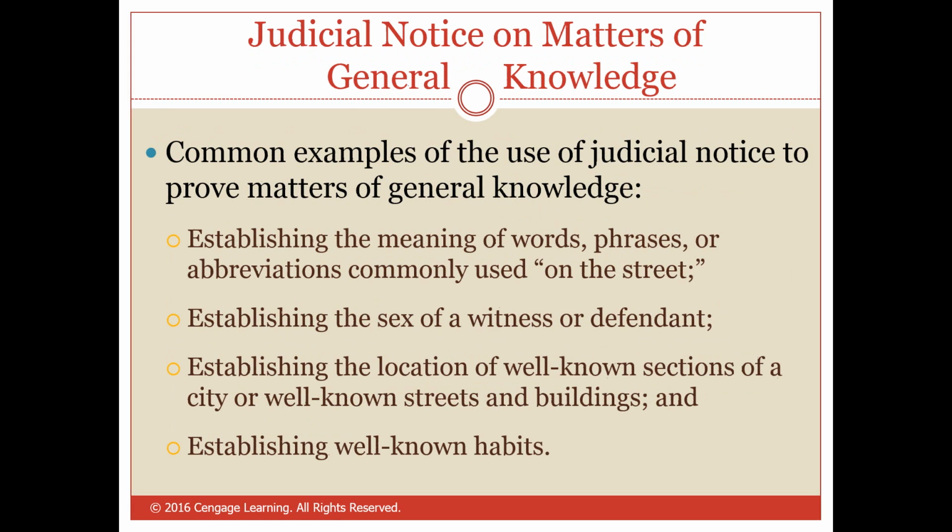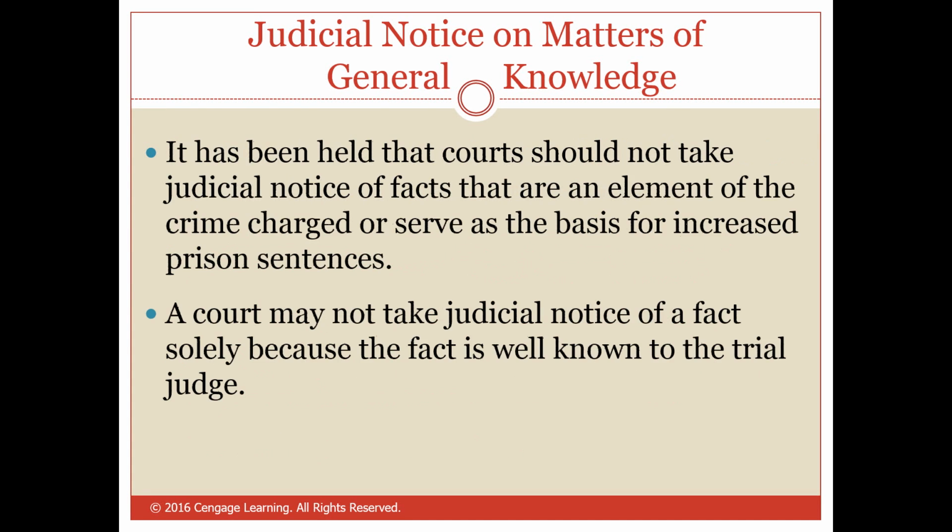So some common examples of the use of judicial notice to prove matters of general knowledge are establishing the sex of a witness or a defendant, establishing the meaning of words, phrases or abbreviations used commonly on the street, the location of things, well-known habits, etc. Things that people just know. You don't have to introduce a photograph to show that there's a clock on the top of the courthouse.